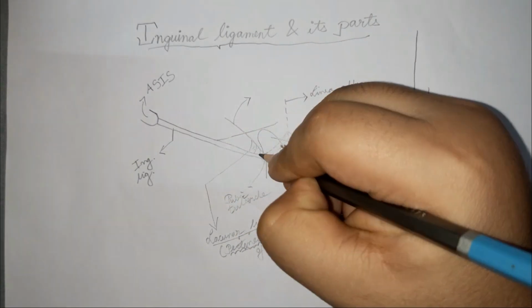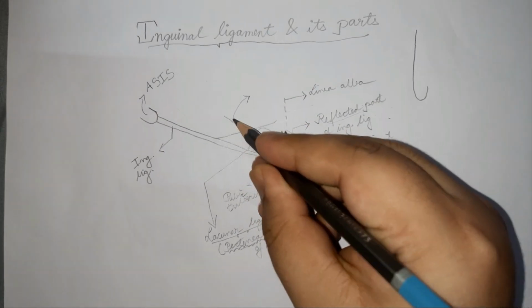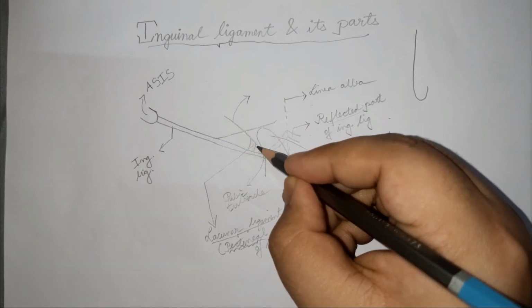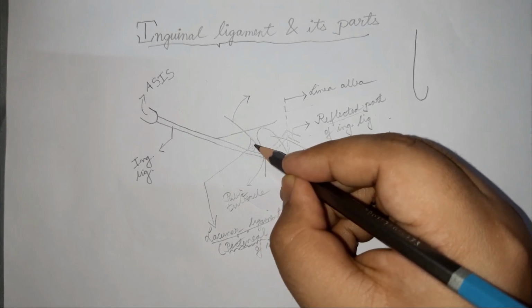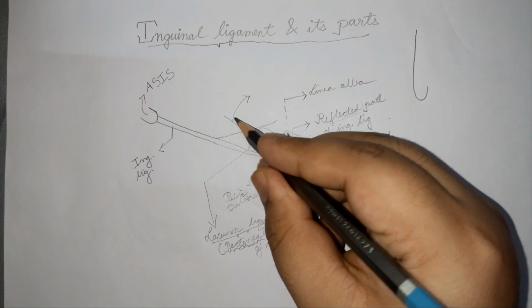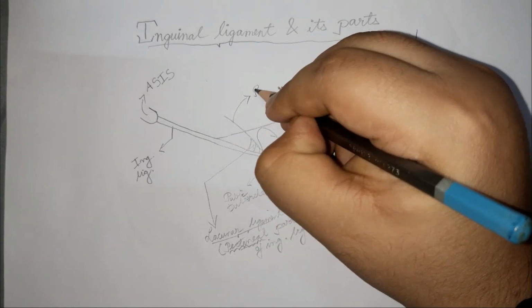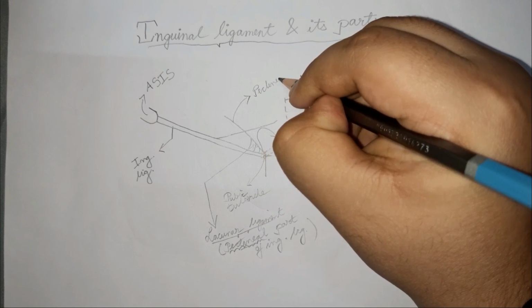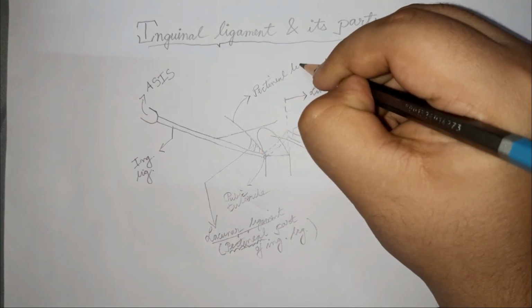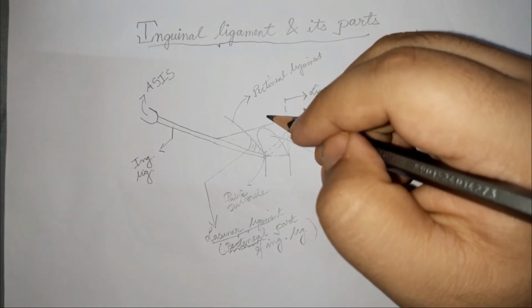From these posterior fibers of the lacunar ligament, this ligament is coming into play. This is called the pectineal ligament.